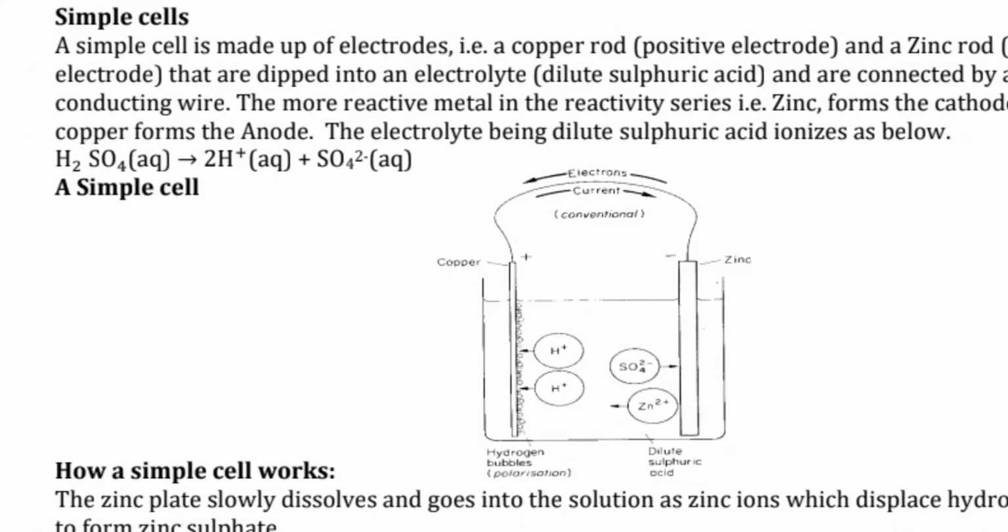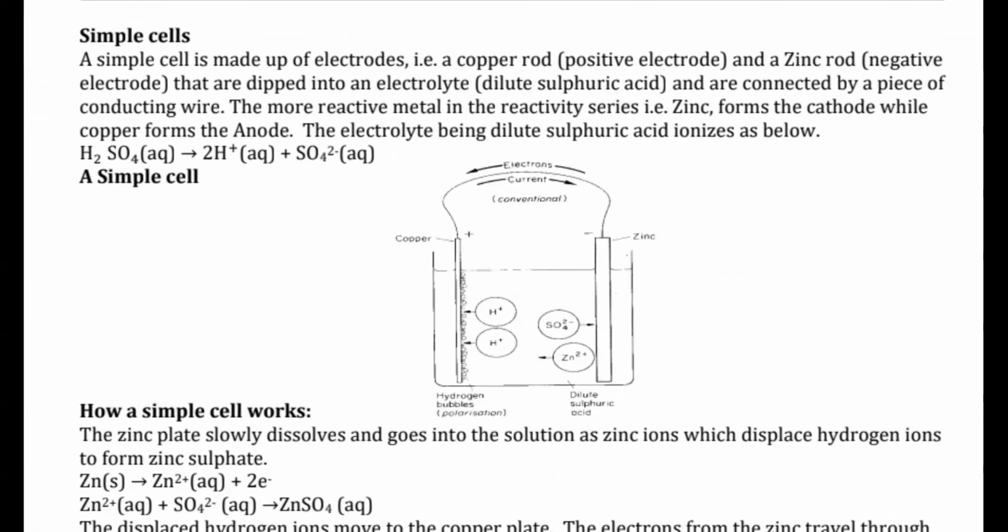And the electrolyte that we use must be able to ionize. Ionize means it must be able to separate positive ions from negative ions once things start to work.